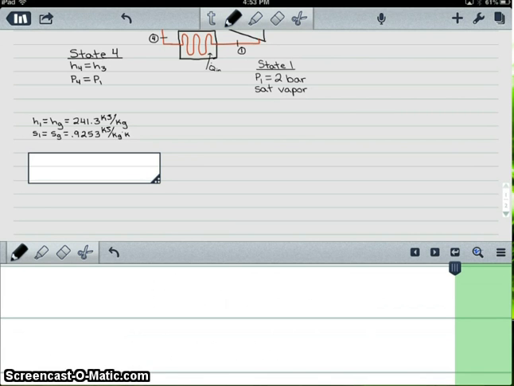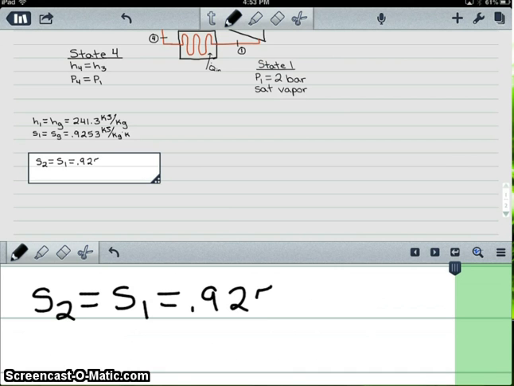So we'll write that out here so we don't forget: s2 equals s1, which equals 0.9253 kilojoules per kilogram Kelvin. Now this is when the compressor is operating at an isentropic efficiency of 100%.